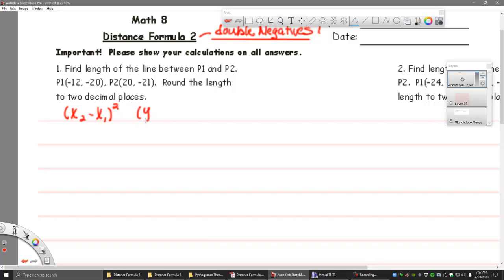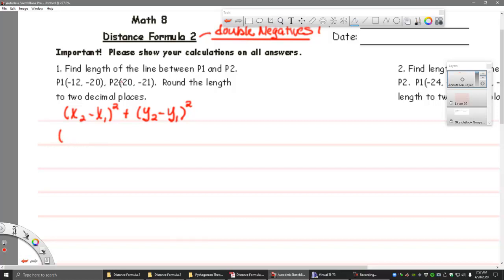I'll do the same thing with the y values. I'm going to take the y from the second ordered pair and subtract the y from the first ordered pair. And make sure you use your parentheses, okay? And then we're going to add those two together. That's the formula that you need to use.